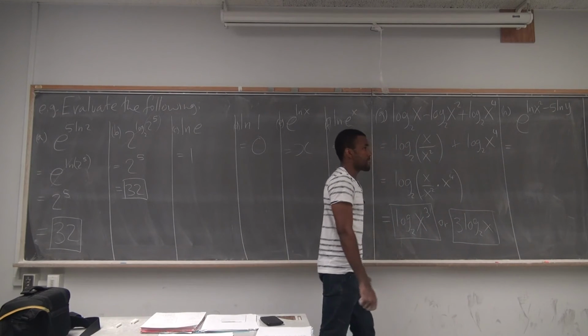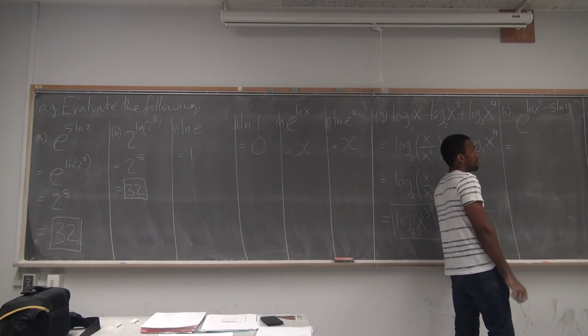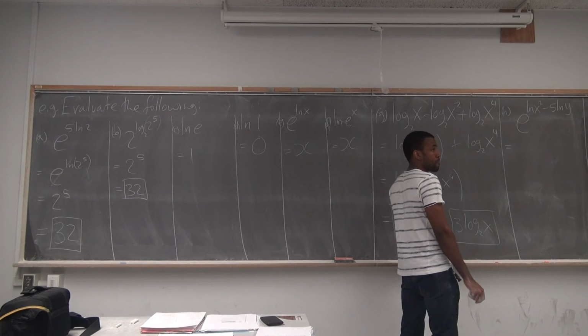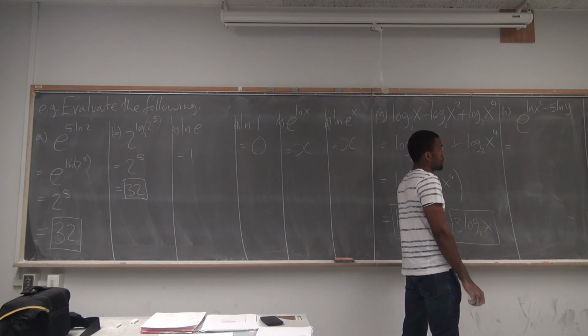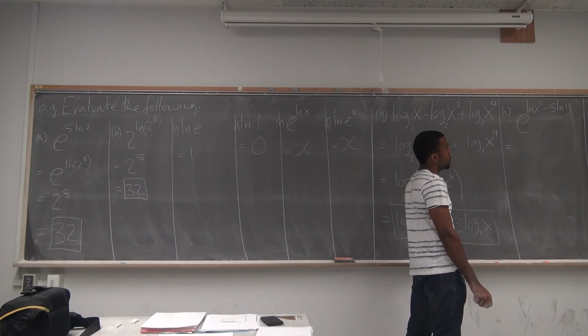What about this one? Cancel the ln and the e to the ln, x squared minus y to the 5th over.